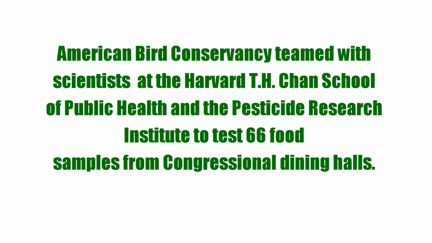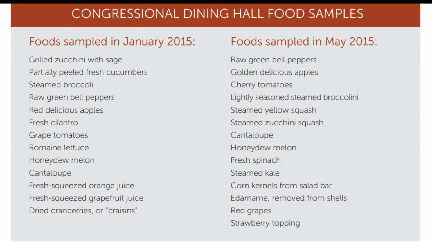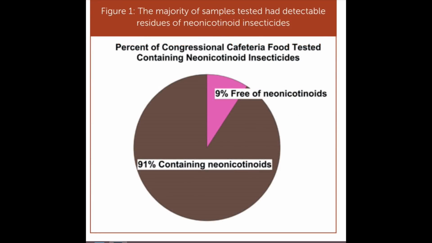The study was quite interesting because they took a sample of food from the Congressional dining hall, and I think it was about 66 different items on 2 different occasions. And from those samples, 91% of the vegetables contained neonicotinoid residues.